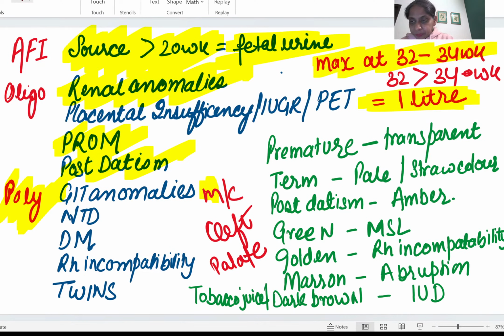Okay, yes, Isra, you are right. Okay, and in diabetes, due to hyperglycemia, there is polyhydramnios. In RH incompatibility due to the hydrops, there is polyhydramnios. And in twins, due to the excess urine production, there is polyhydramnios. Okay.